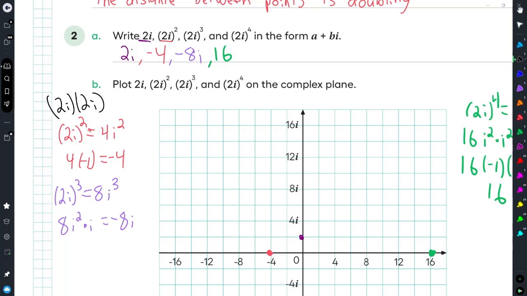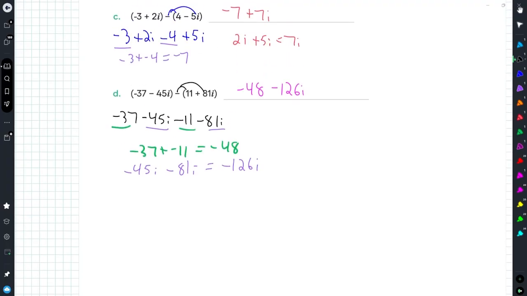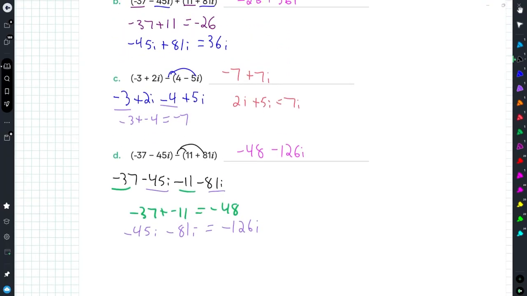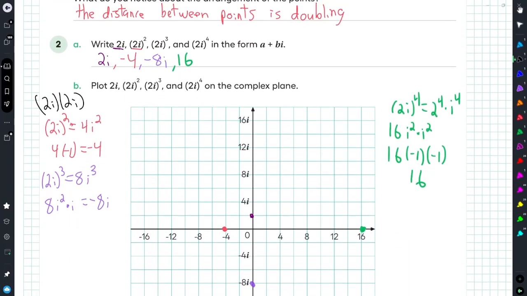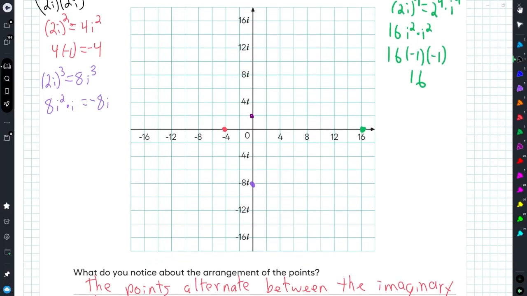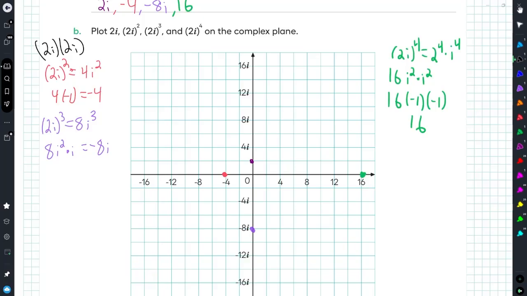Two imaginary numbers being multiplied together, and we get a real answer. Whereas when we were adding complex numbers, we always got a complex answer. We always got i in our answer. When we're multiplying, that may not be the case. We'll explore more of that in the next few lessons.